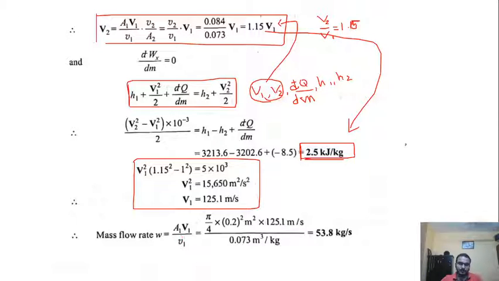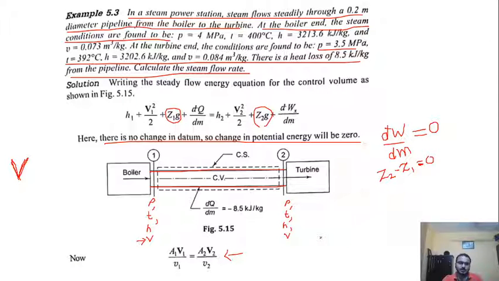So A1 here, for area, we need to utilize this formula, that is pi by 4 d square. Velocity is already obtained and we know the specific volume at inlet. So finally we are getting this mass flow rate. So this is the thing which we required to calculate in this.